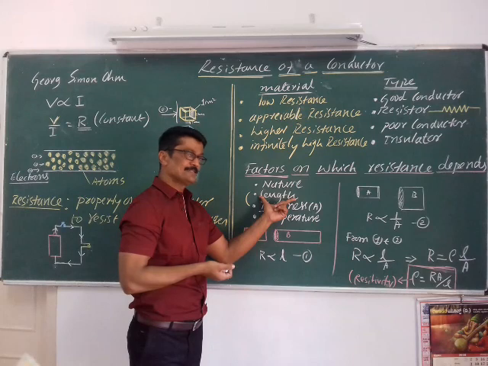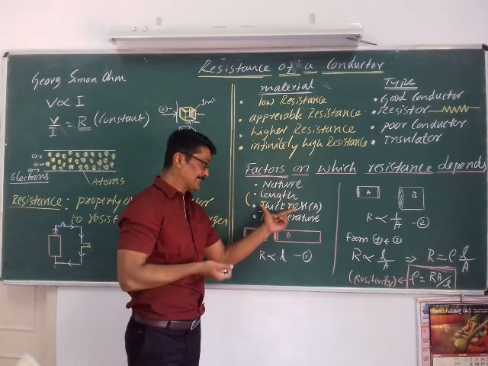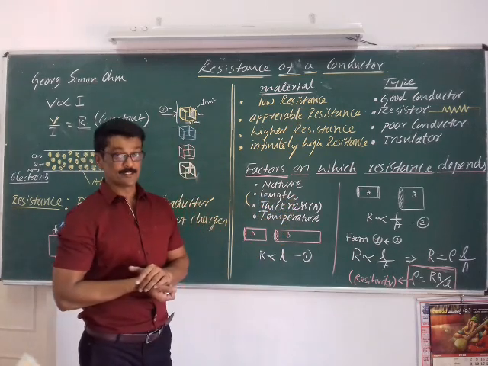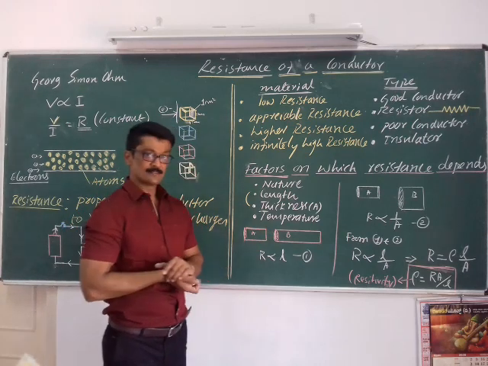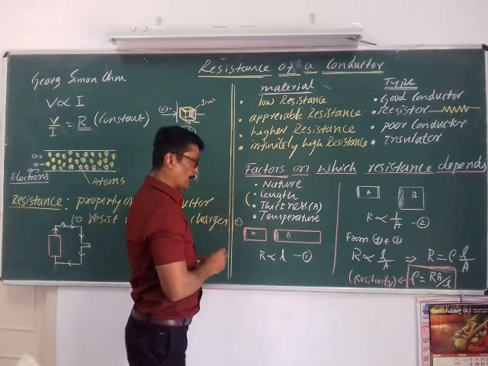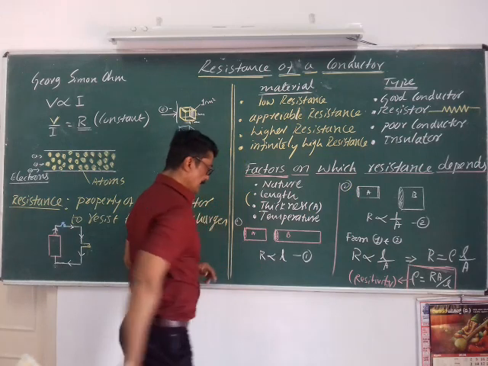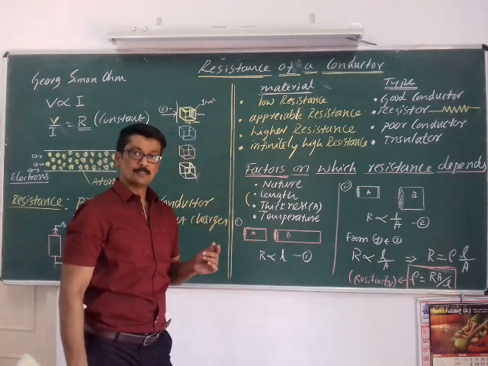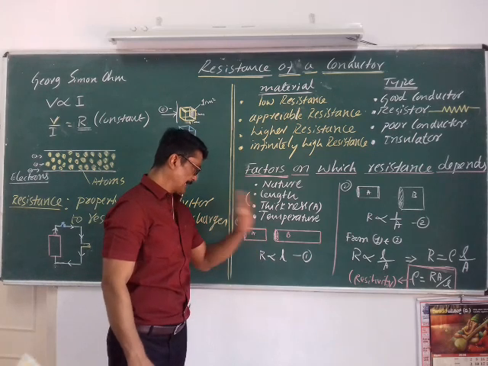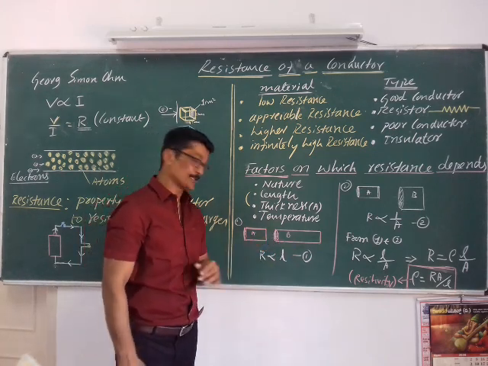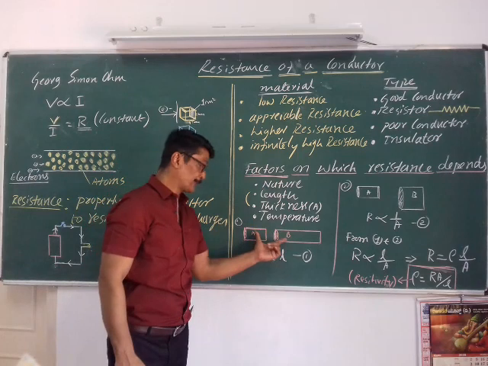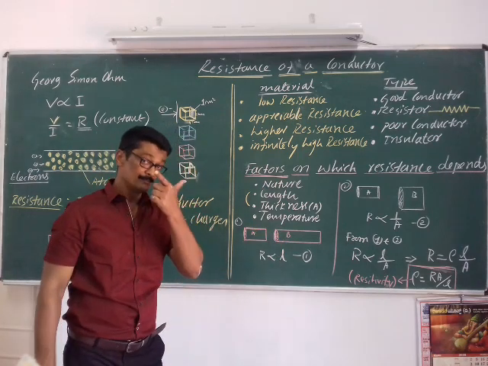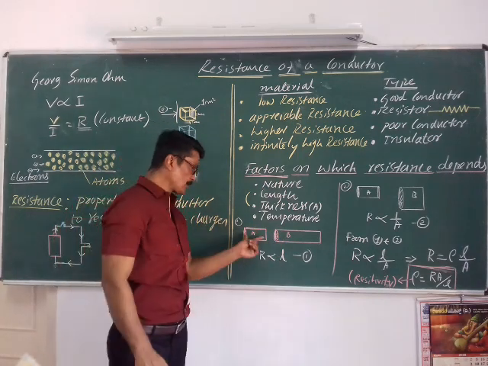They are length, thickness, and temperature. Let me consider this example. In example 1, I have two materials. One is A and another one is B. They are of the same material, for example, copper.